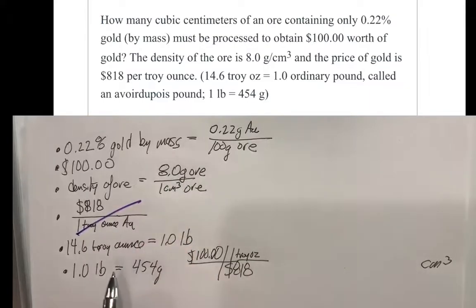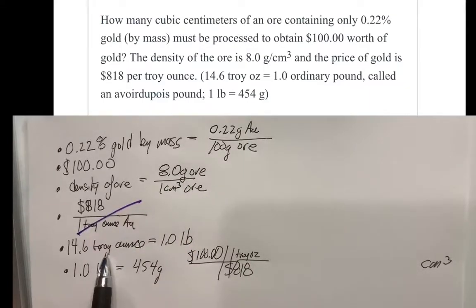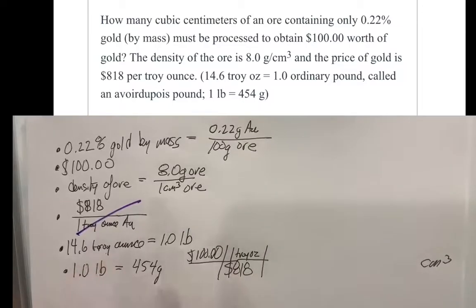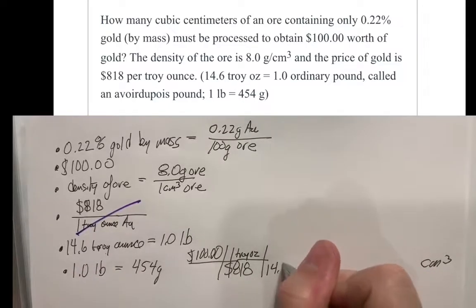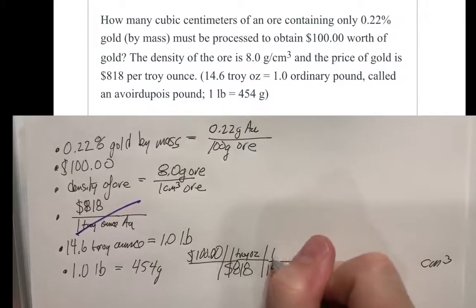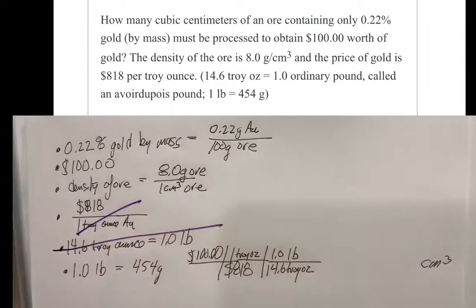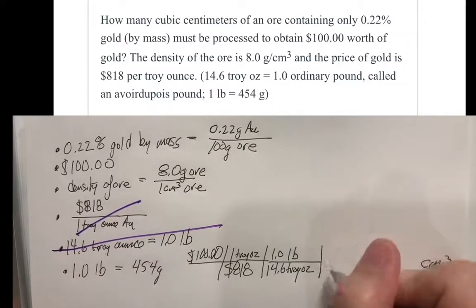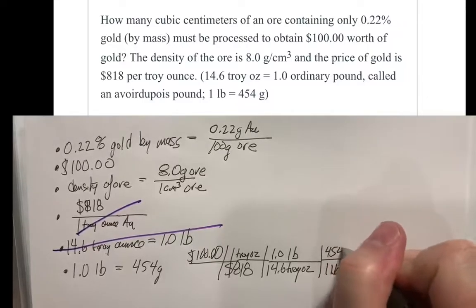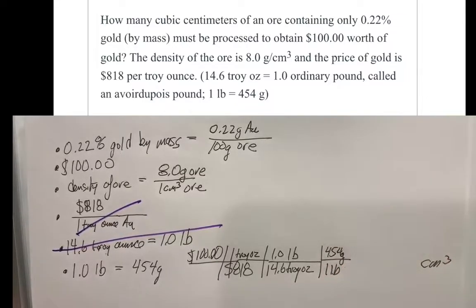The only one that's left that has anything to say about troy ounces is this one right here: 14.6 troy ounces is 1 pound. That one's gone now. The only one that's left that has anything to say about a pound is this one: 1 pound is 454 grams.